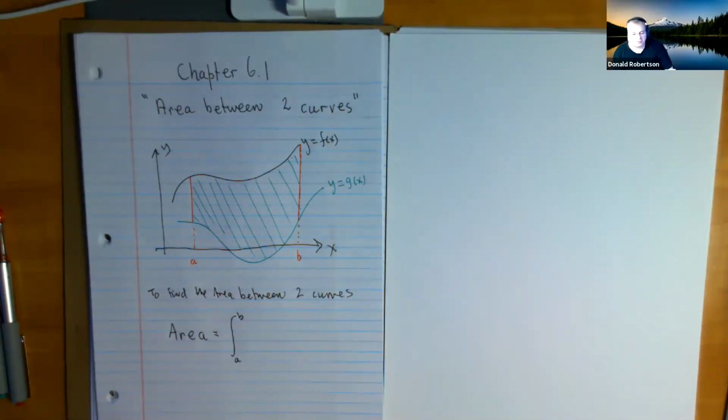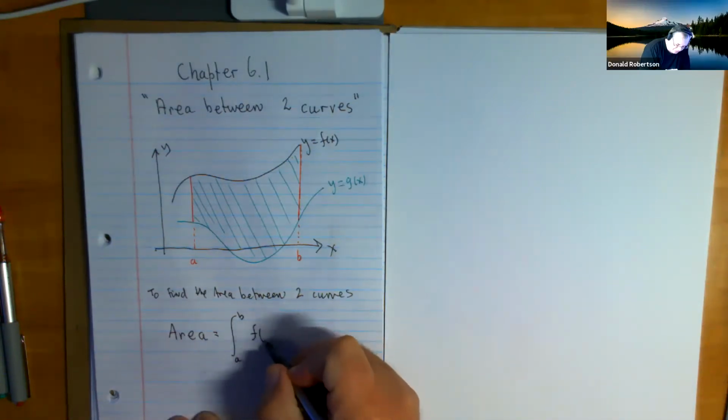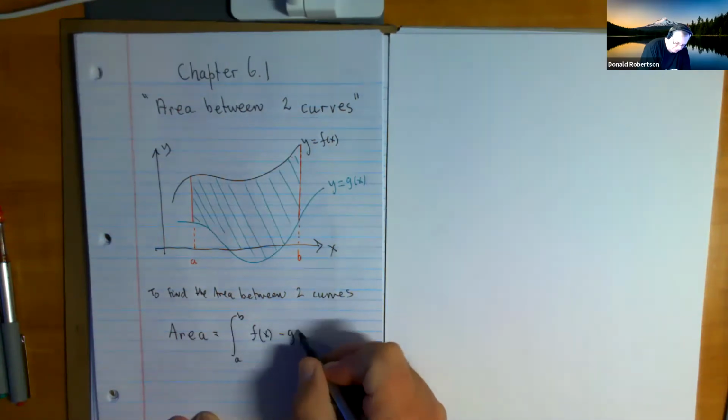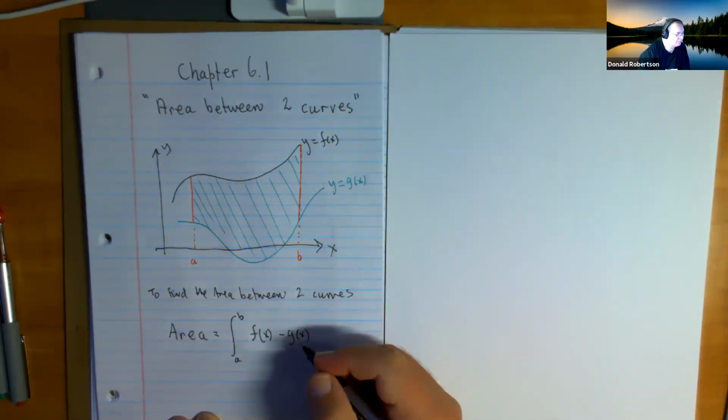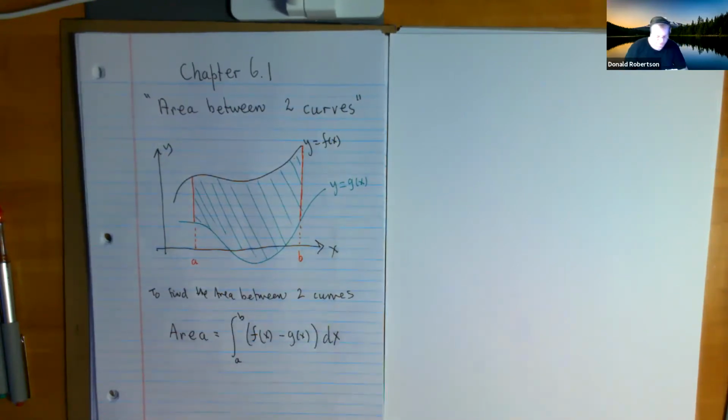Any guesses what I'm going to write down? We're going to do f of x minus g of x. Wouldn't it be nice if that's all you needed to do? Agreed? And that's all you need to do.